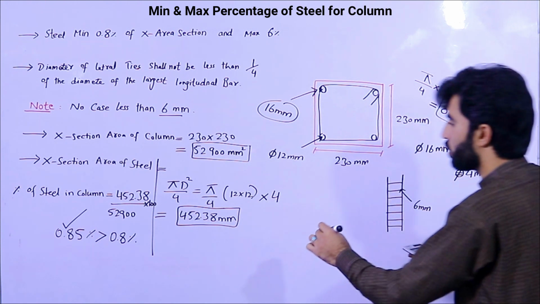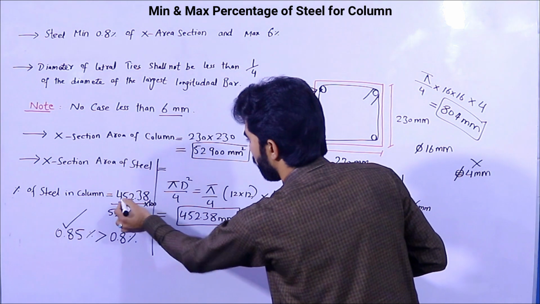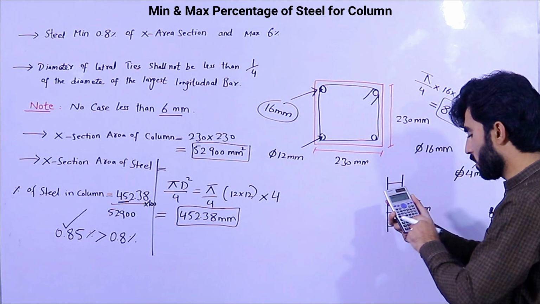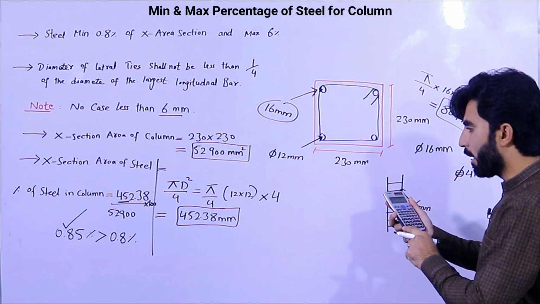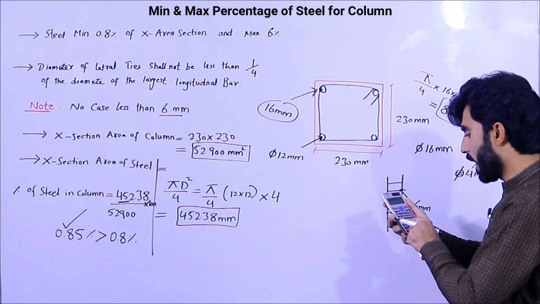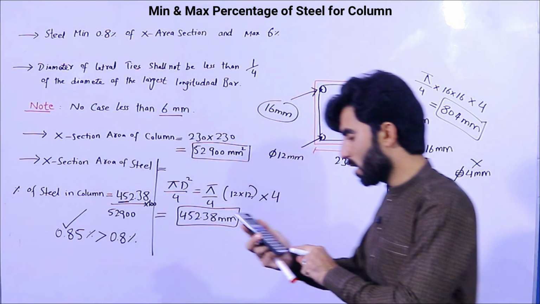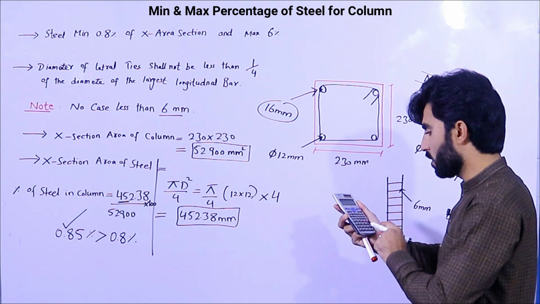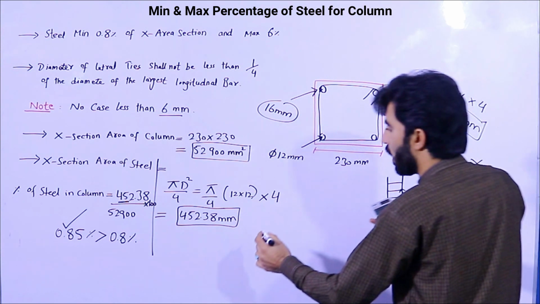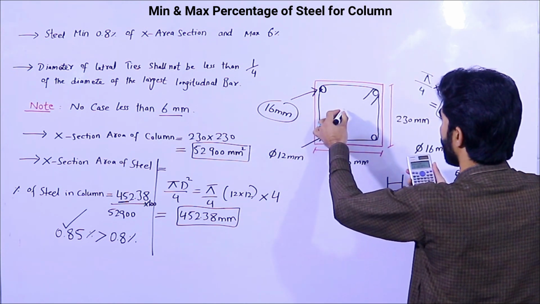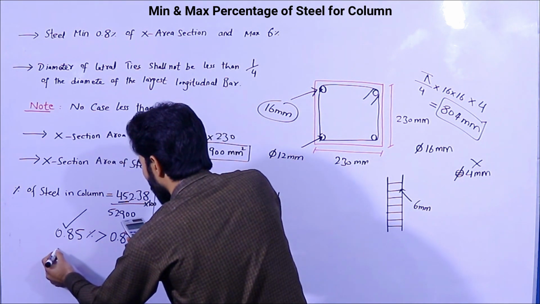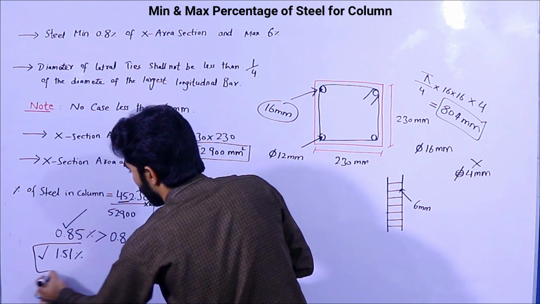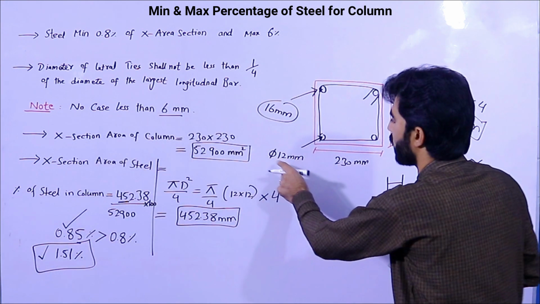So now let's check it. We will put 804 mm cross-sectional area of steel divided by 52,900. Now multiply by 100, and with 16 millimeter, the percentage of steel will become 1.51%. So this is also okay. So this will be stronger than 12 millimeter dia.